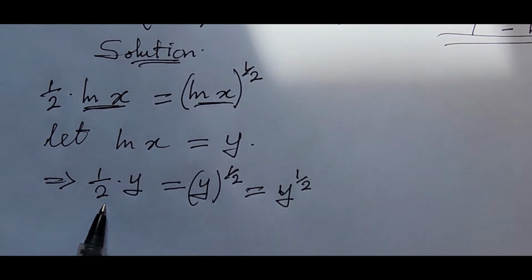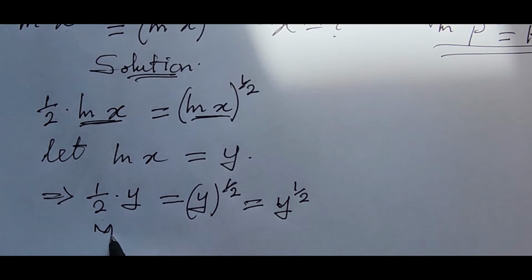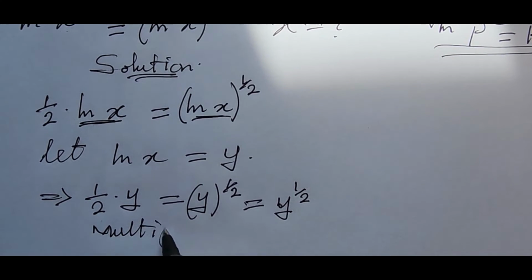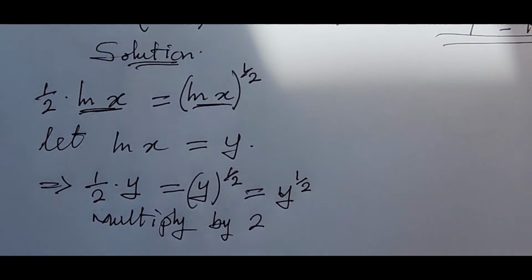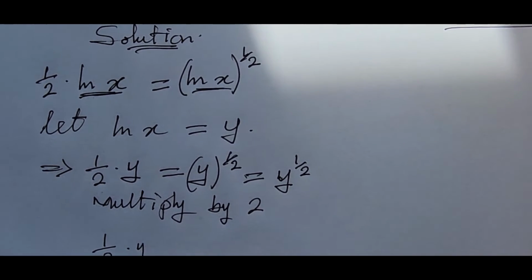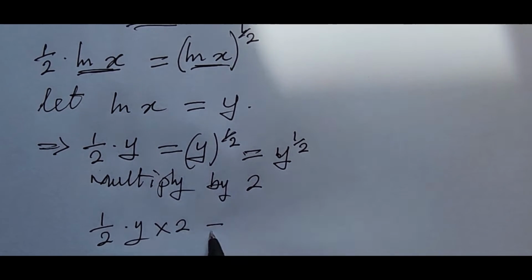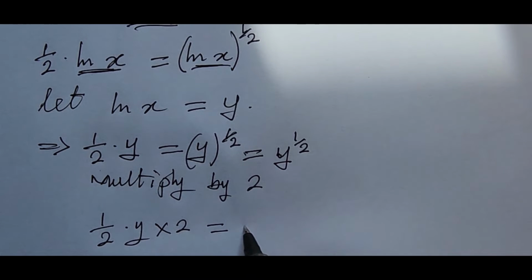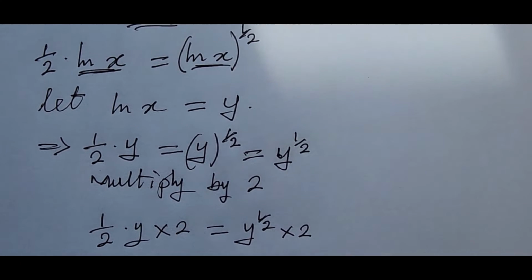We eliminate this denominator, so we multiply through by 2. If we do that, this is going to give us 1 over 2 y, then times 2, equal to y to the power of 1 over 2 times 2.